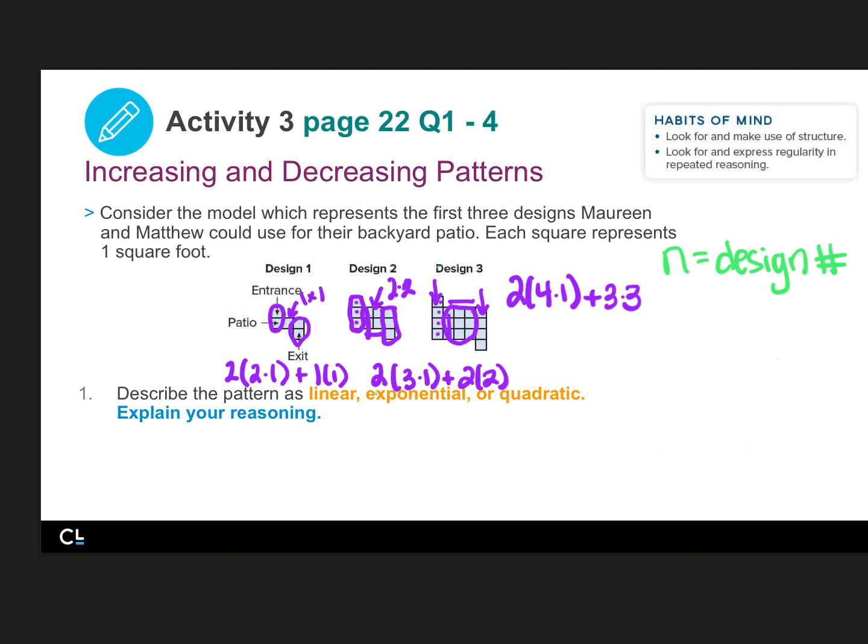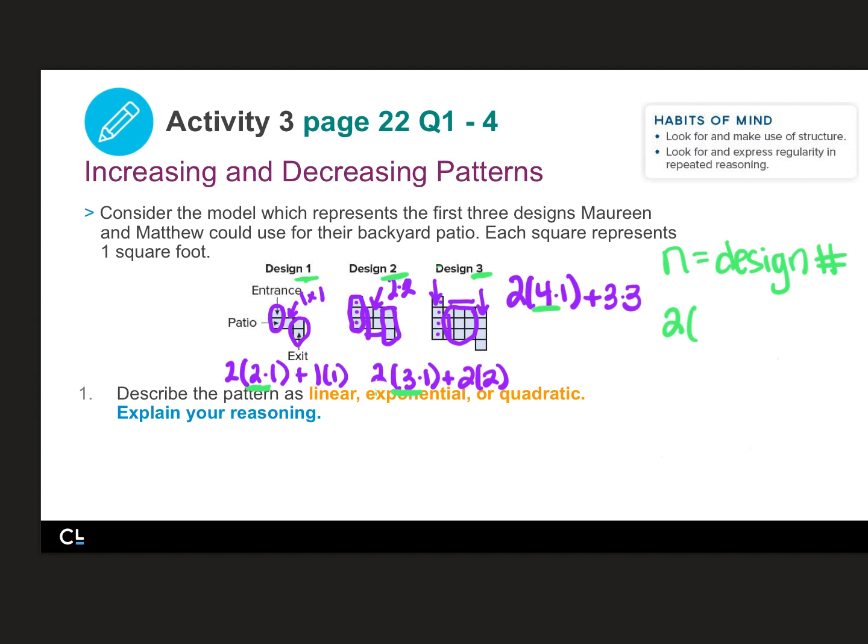So if we look at that, we're always going to have 2 rectangles. That's not changing in any of the pictures. This height, in the first one, was 2 high when it was design 1, and the second one we had 3 high when it was design 2, and then we had 4 high when it was design 3.